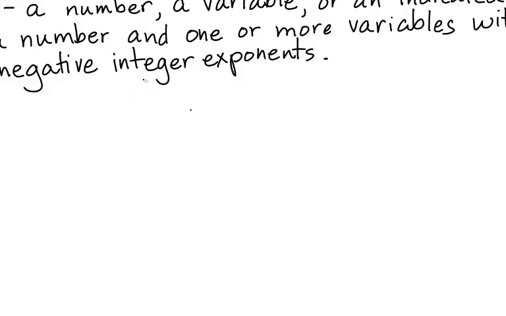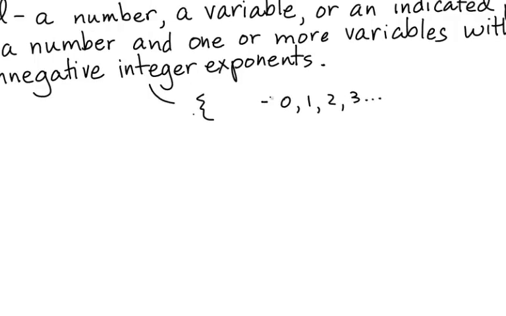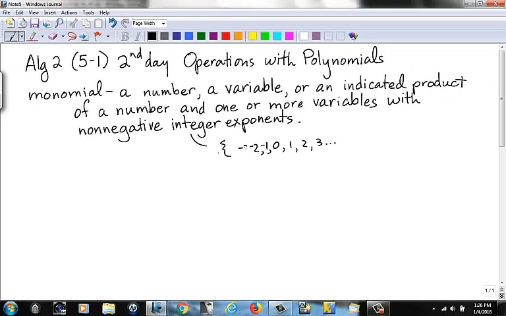So the set of integers, remember, 0, 1, 2, 3, dot, dot, dot, negative 1, negative 2, negative 3, dot, dot, dot. So you can't have like an x to the 1/2 power. You can't have like an x to the 1/3 power. Okay? Okay, so examples.